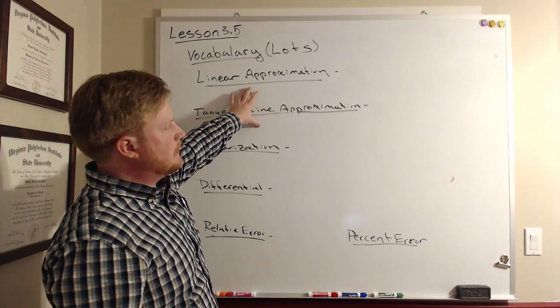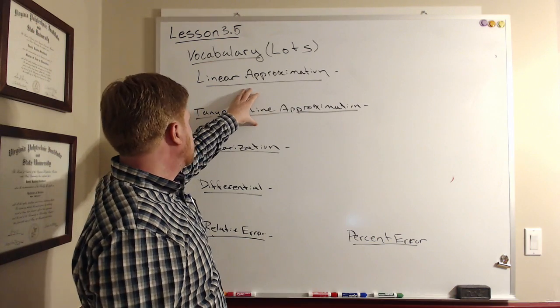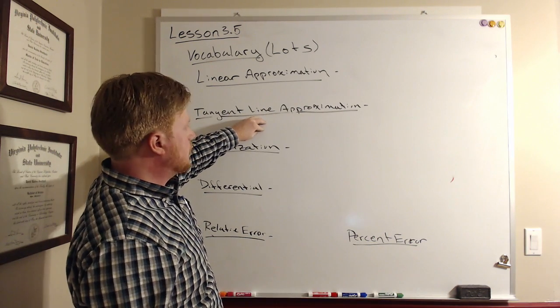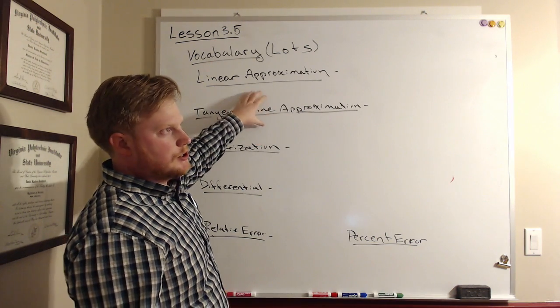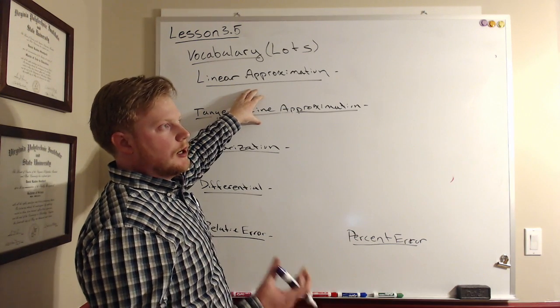Let's see, I guess it would be easiest to just define them together. So linear approximation is a tangent line approximation. It's just a way of approximating a function using a line.